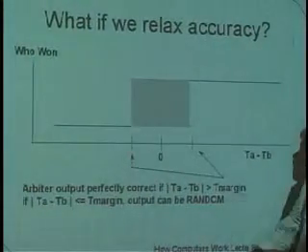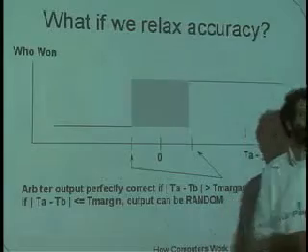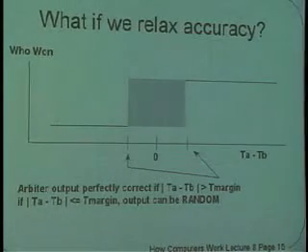Well, you may be willing to say, I'm willing to relax the constraints on building an arbiter by saying it's okay if I say the following thing. If the time difference is less than a certain margin, t sub margin, then it's okay if the arbiter picks a random result.